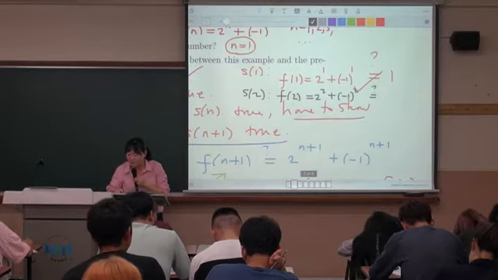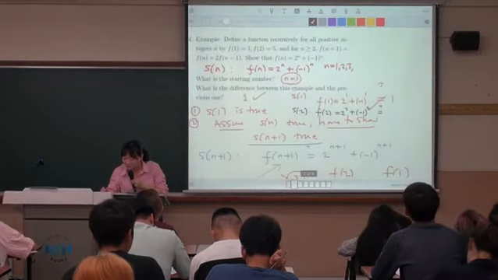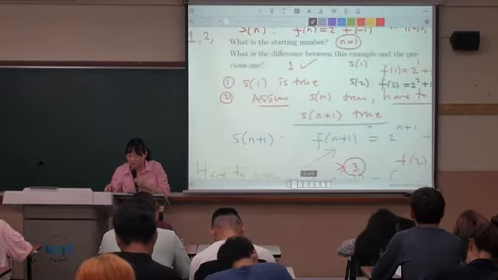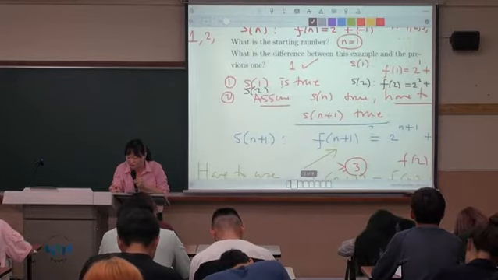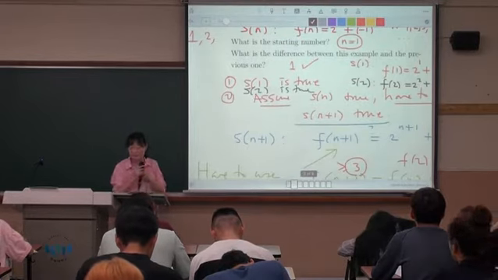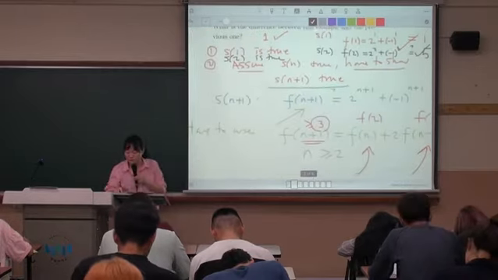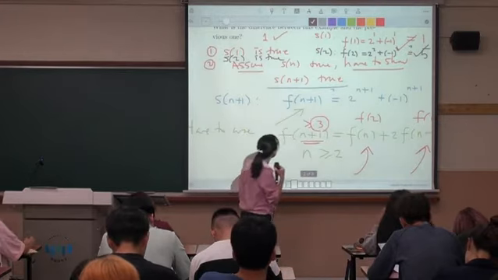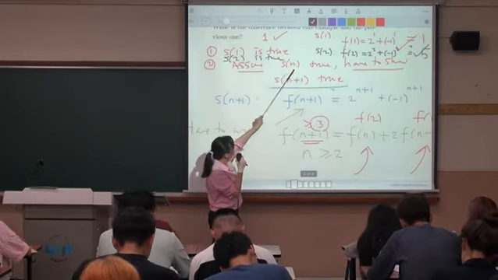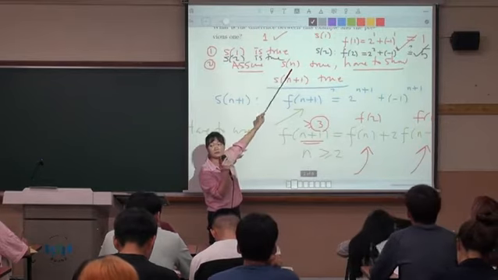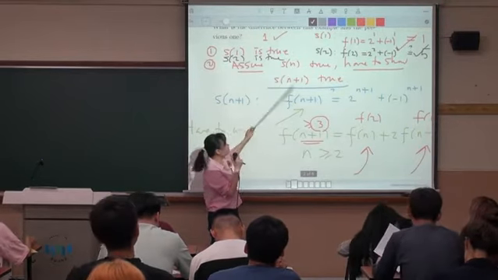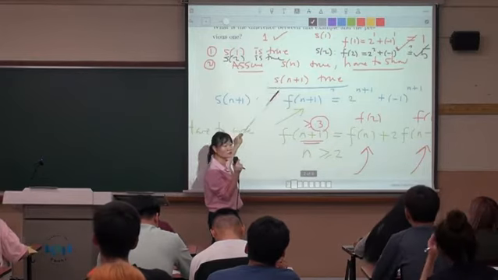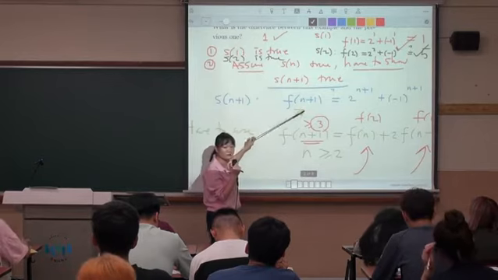Does that equal the given value of f of 2? 5. Is that true? Yes. So S2 is also true. So in this assumption, where does the assumption start? 1 and 2 are checked, and now n goes from 3. Assuming it is true from 3, we look at the next one. Then we can use this formula.